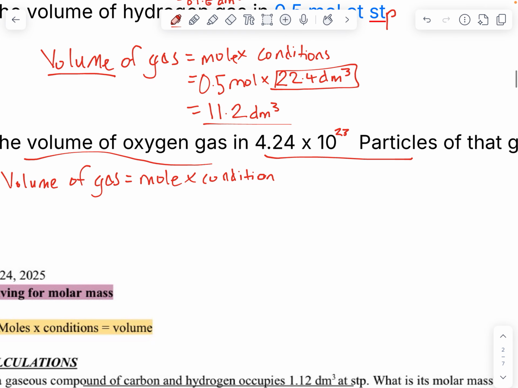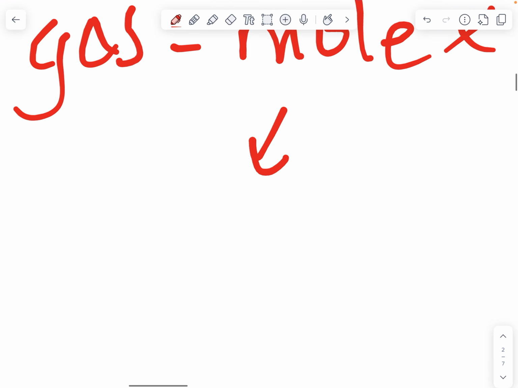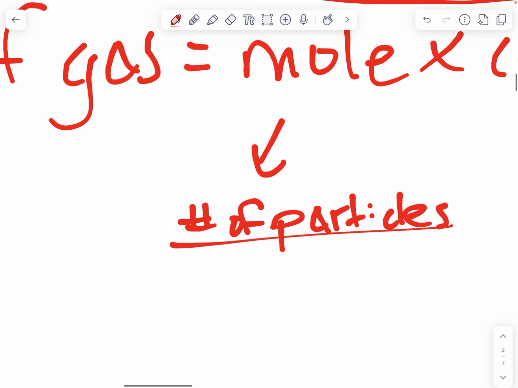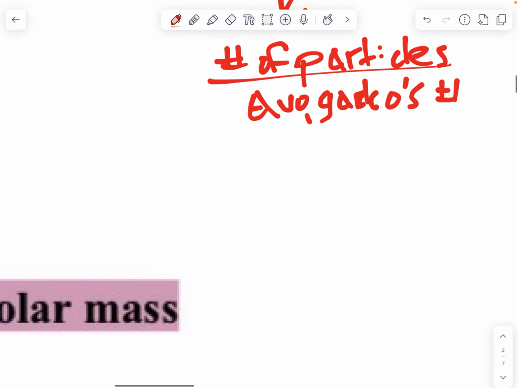So we can use that equation. Let me just apply it here. It says mole equal number of particles divided by Avogadro's number.